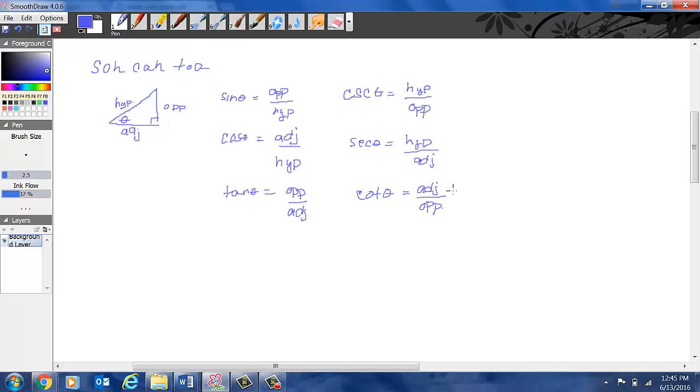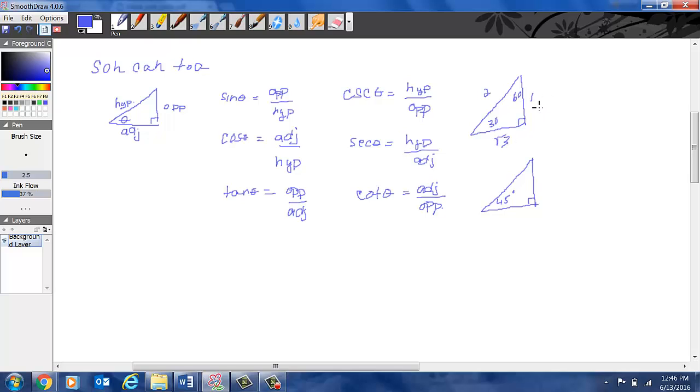So for the most part, we remember two basic special right triangles, and that is your 30, 60, 90 and your 45, 45, 90. So your 30, 60, 90, our sides are 1, 2, square root 3.